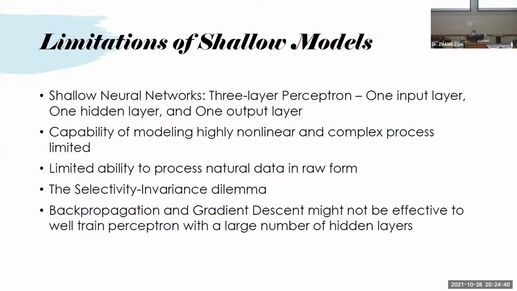Okay, so this is one. And second, to apply a shallow neural network, you need to organize the data well into a ready form, because shallow neural networks do not have the capability to process the raw data into the form that is ready to be used by a neural network.